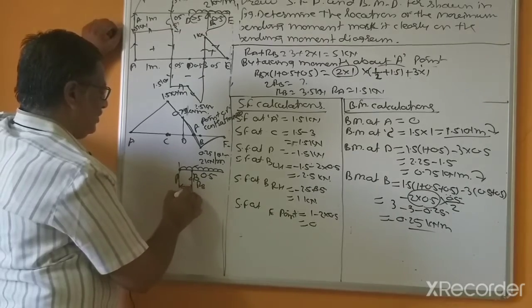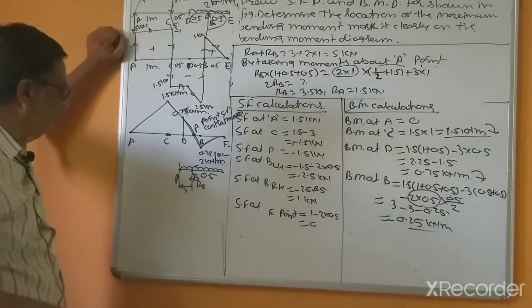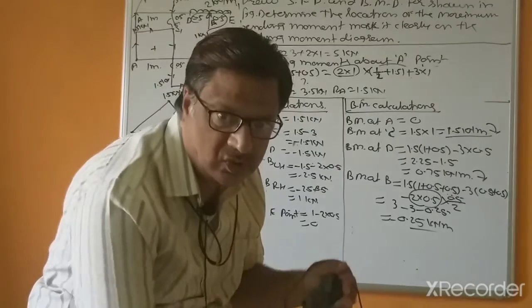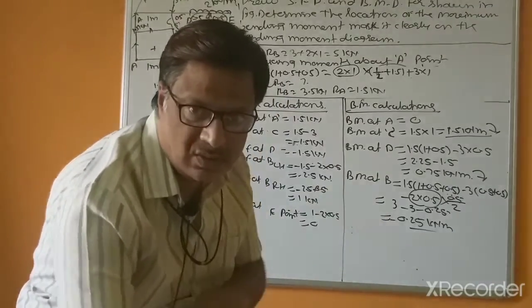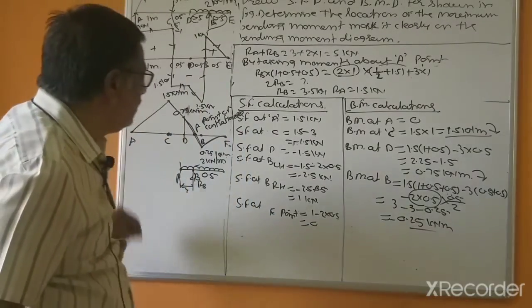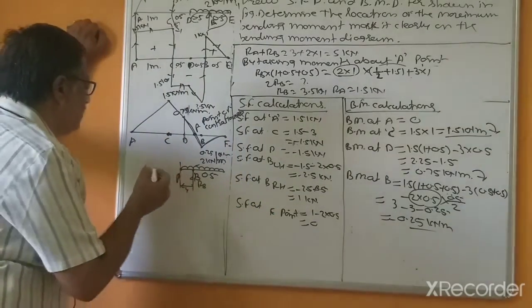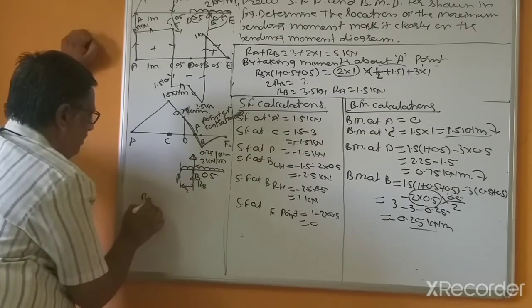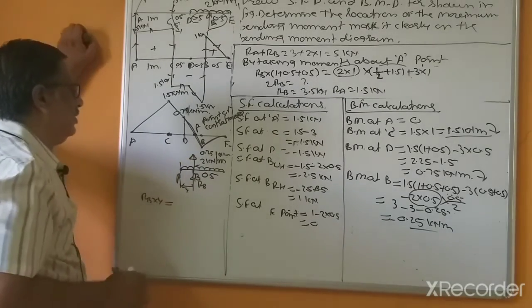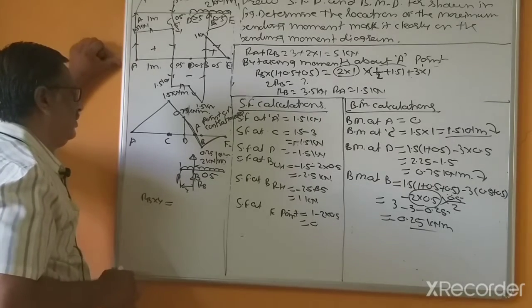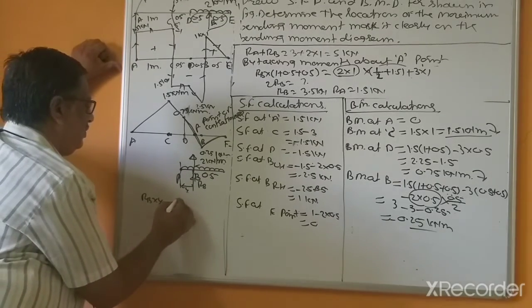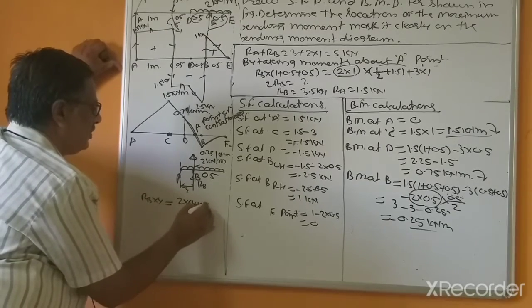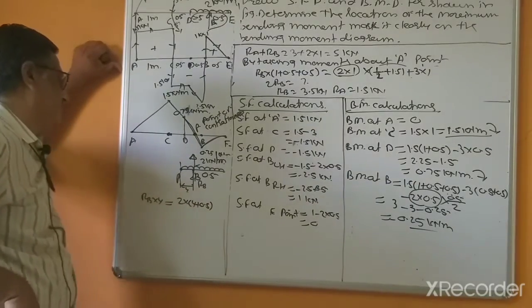Suppose this distance equal to Y. So that's why anti-clockwise moment RB into Y equal to 2 kilonewton multiplied by Y plus 0.5 bracket.